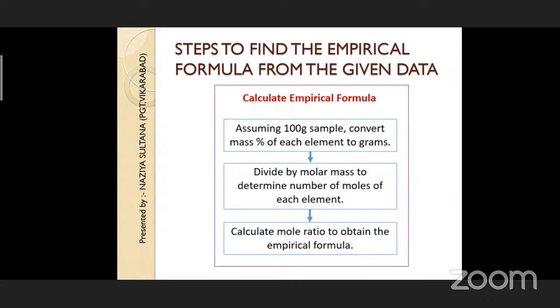Empirical formula gives an idea about the ratio of the elements, whereas molecular formula gives the exact number of elements present in a compound. In a sense, we can say that the molecular formula is the true formula. And we discussed a few problems about how to obtain the empirical formula as well as the molecular formula depending upon the data given.